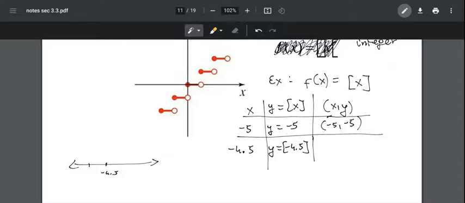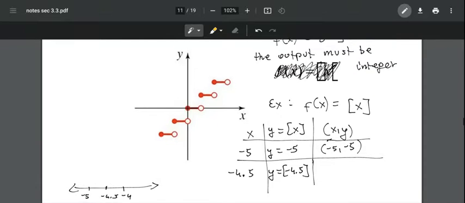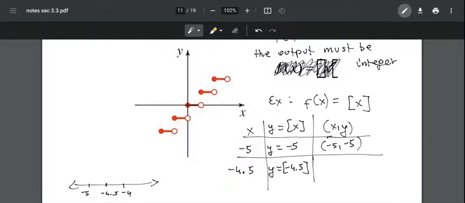That's between two integers, negative 5 and negative 4. So the output of the greatest integer function has to be the integer which is less than negative 4.5. You're always going to select the integer which is on the left side. So it will be negative 5. So we'll have the point negative 4.5 comma negative 5.